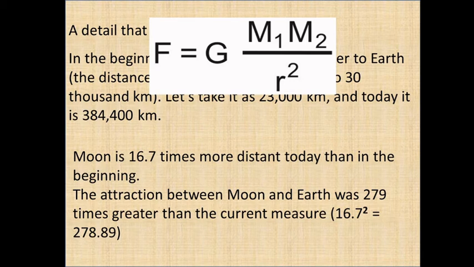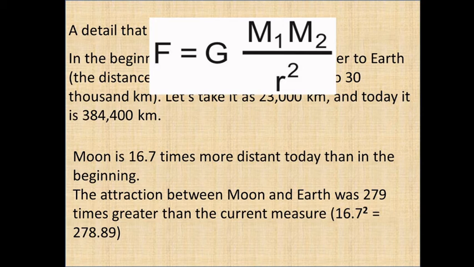And it states that the force between two bodies, M1 and M2, Earth and Moon, for example, is inversely proportional to the square of the distance between them. So if the Moon was 16.7 times closer to Earth compared to today, the attraction was the square of this number, the gravitational force was 279 times stronger than it is today.